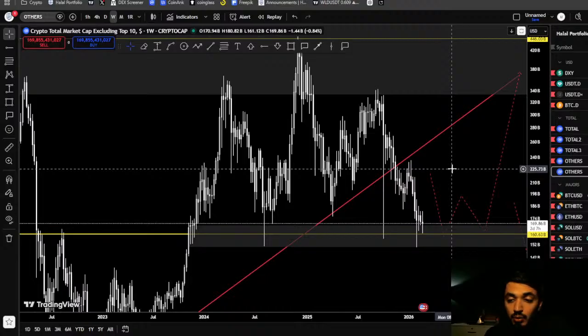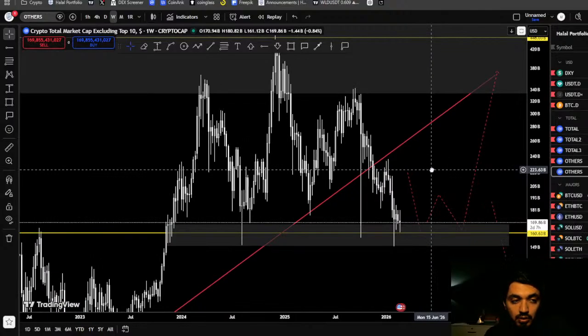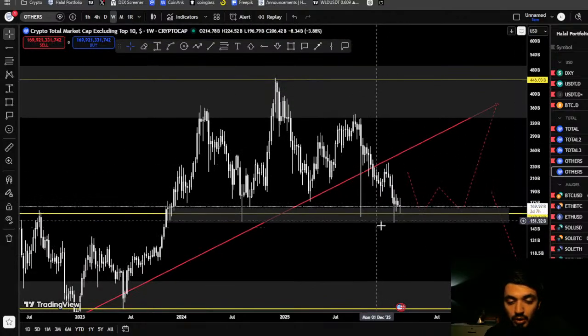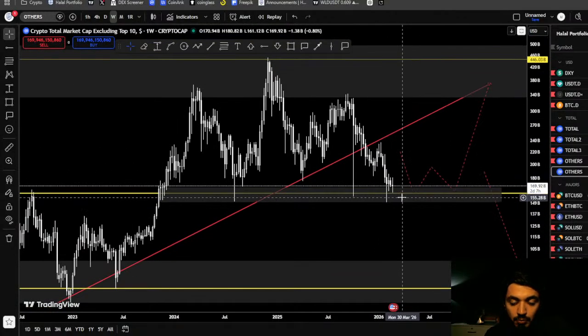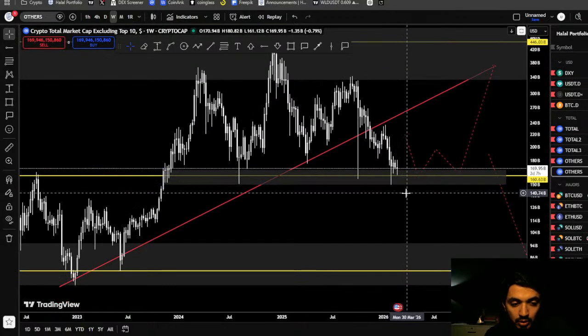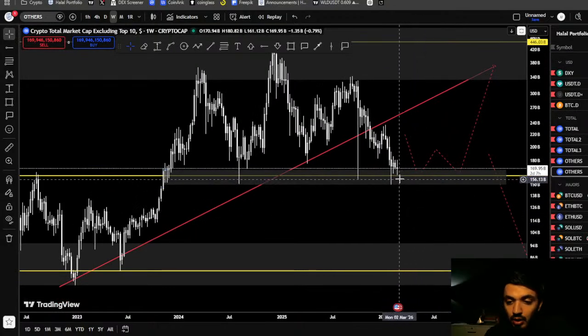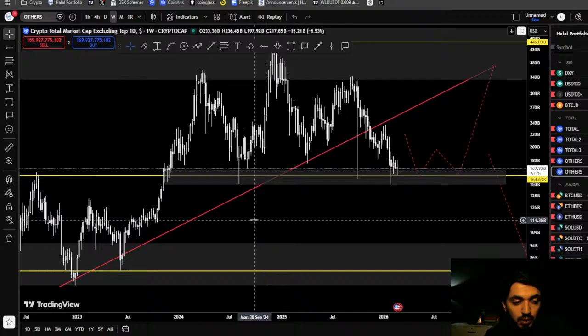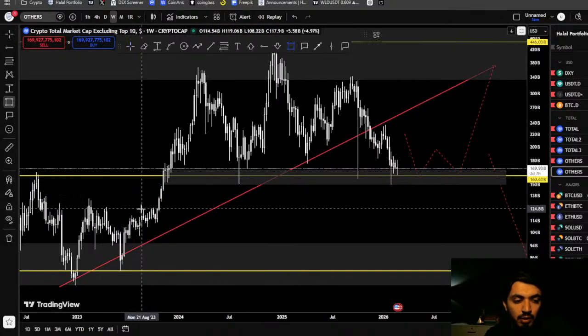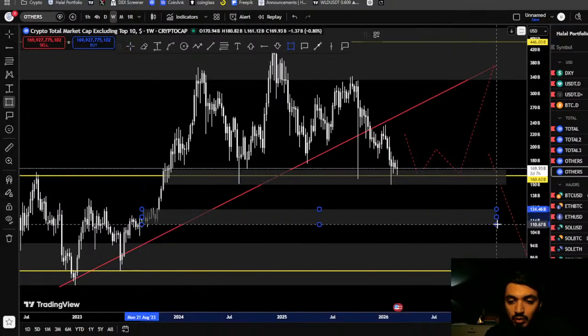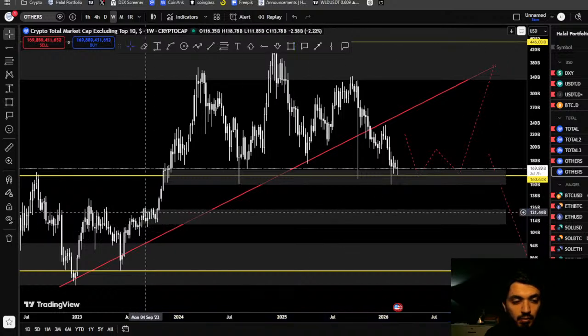And that was against Bitcoin. This is others against USD, and you can see this is also at its absolute bottom. If Bitcoin breaks $59,000, this will break the 160 billion price level. This will be the next target for that.